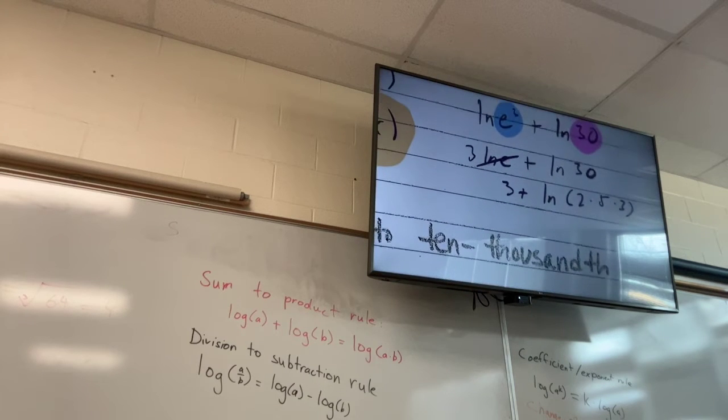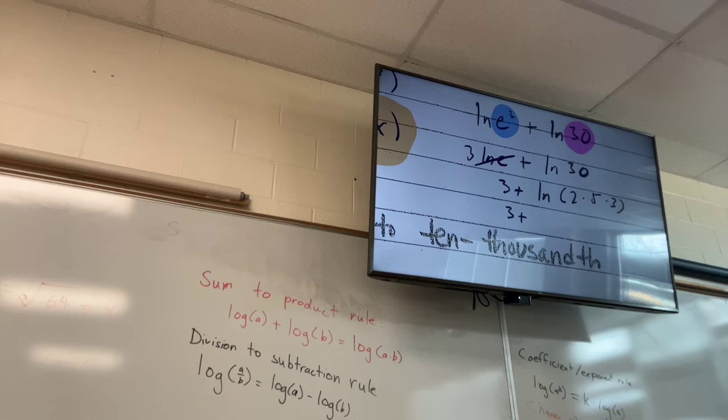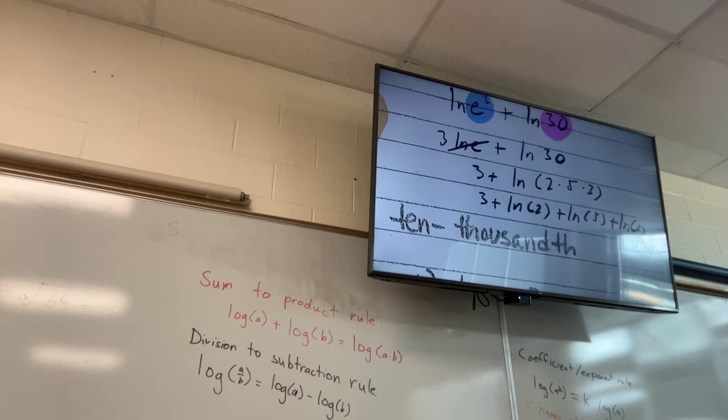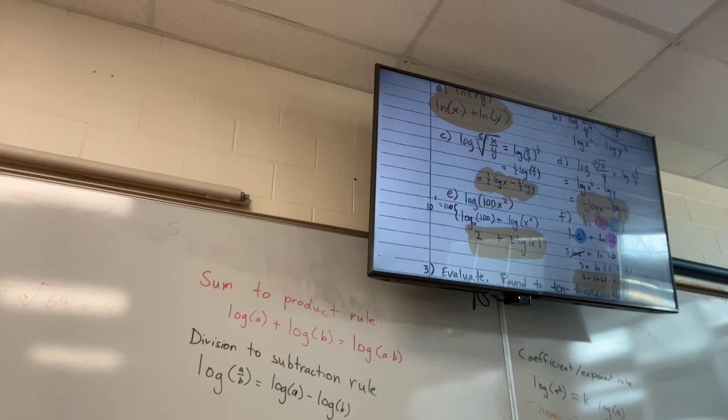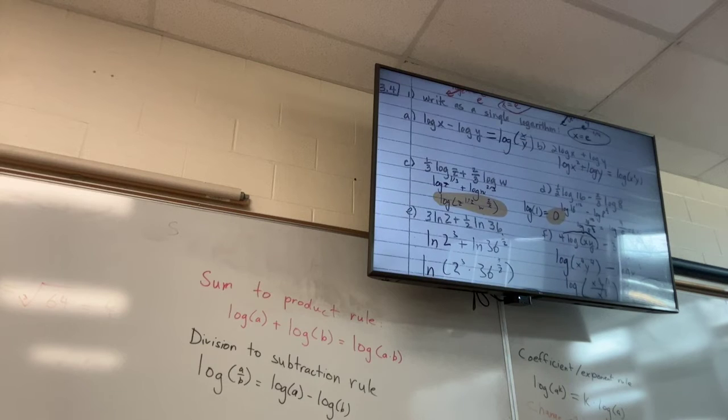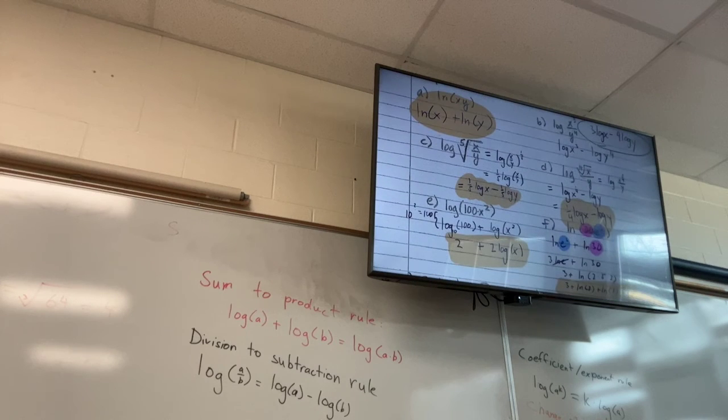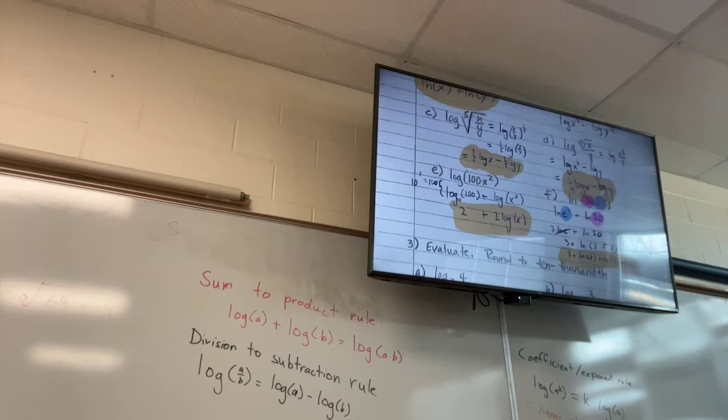This can become 3 plus ln 2 plus ln 5 plus ln 3, okay? That's if we go crazy with our logs. Alright, so that's everything for expanding and combining. Let's just make sure we know our sum to product rule.